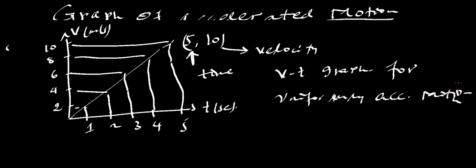On the vertical axis, the y-axis, the velocity increases from 0 to 10 meters per second. It starts from 0 and the end point is 10 meters per second. This is the vertical increase.